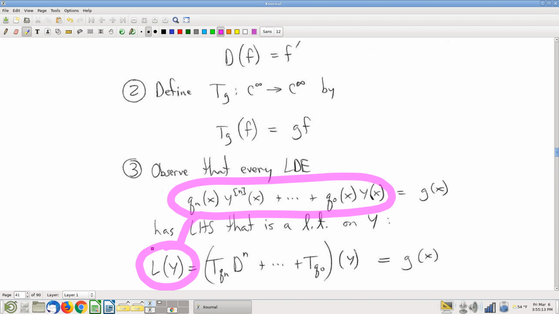The interesting observation I want to make, though, is that I can rewrite L itself, not L of y, but L itself, in terms of these other linear transformations up above. This is a weirdly new idea. Up to now, L has just been a placeholder. It's been a name that I stamp on all this junk that I do to y.